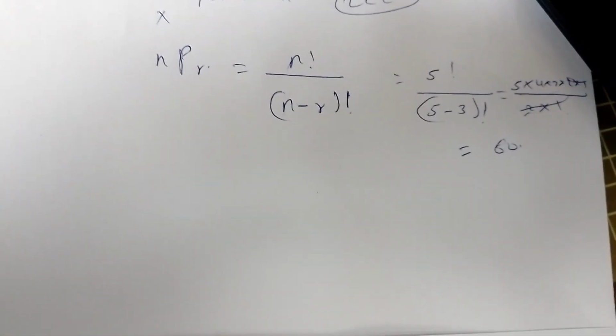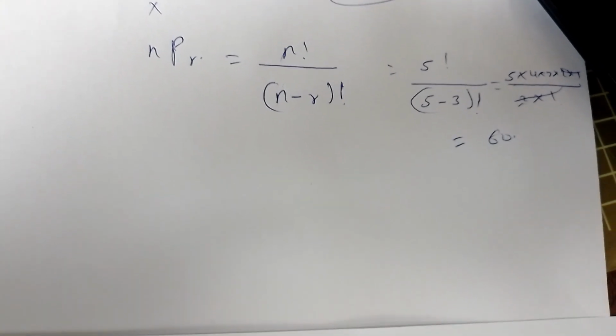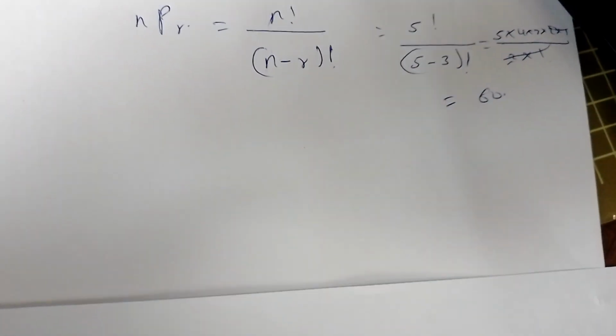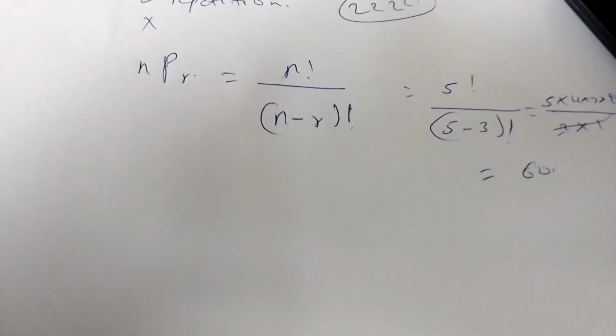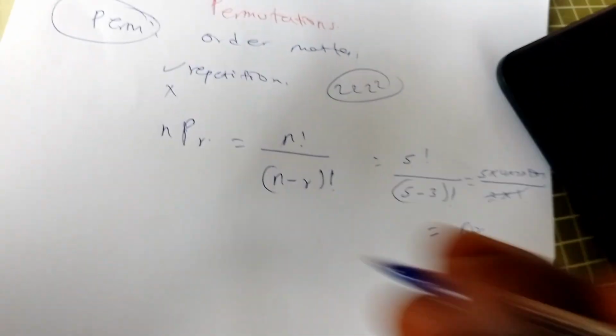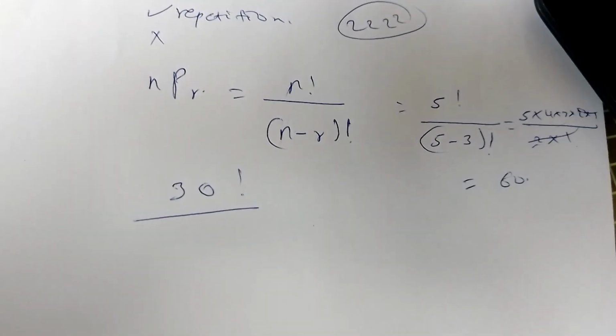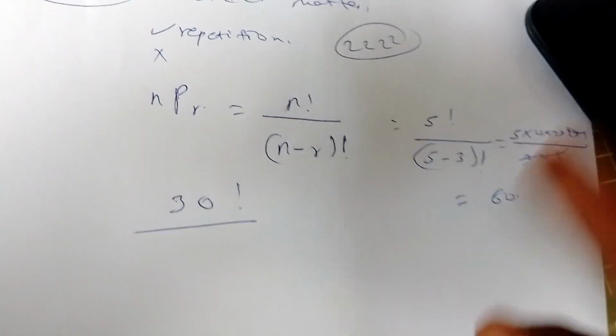We have something like this: a combination lock will open when the right choice of 3 numbers, from 1 to 30 inclusive, is selected. How many different lock combinations are possible, assuming no number is repeated? It's directly 30 factorial over 30 minus 3 factorial, because you are trying to get 3 numbers.